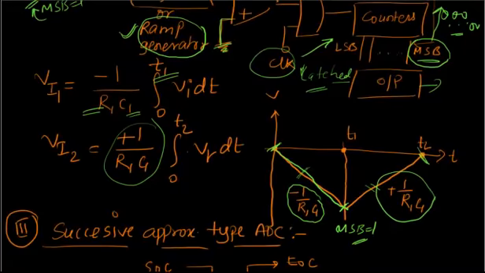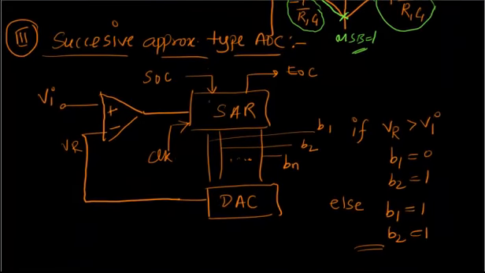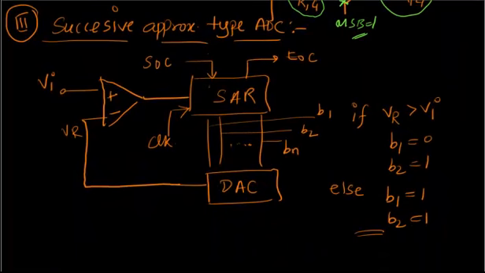Next, we can go to the next method, successive approximation ADC. Here what happens is, there is an assumption made here, an approximation made, and this approximation is continuously checked and remade again. So this is also called successive approximation. You'll understand better when I explain this.